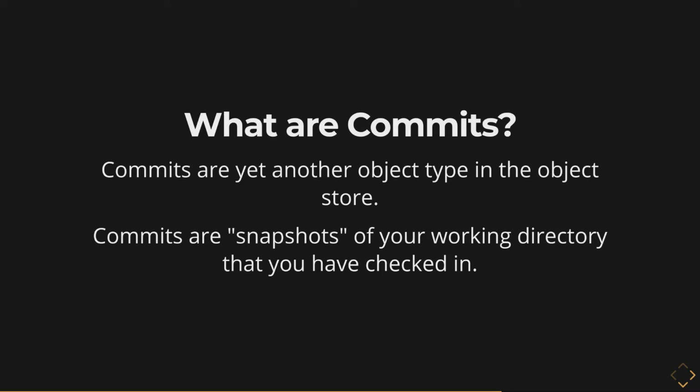So basically a commit is created from the index. When you run git commit, a commit object is created, which sort of freezes that content, that index in place with some more information.